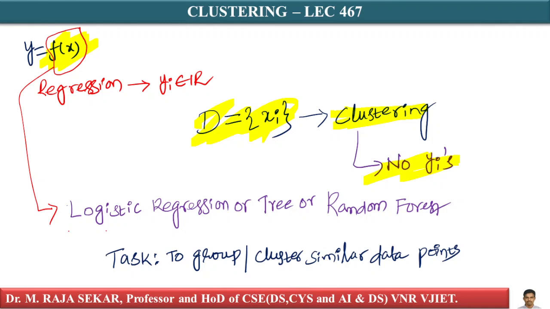In English, what is your task? To group or cluster similar data points. I am going to put "similar" in double quotes, because the big question here is, what does similar mean? We will come to this in a while.